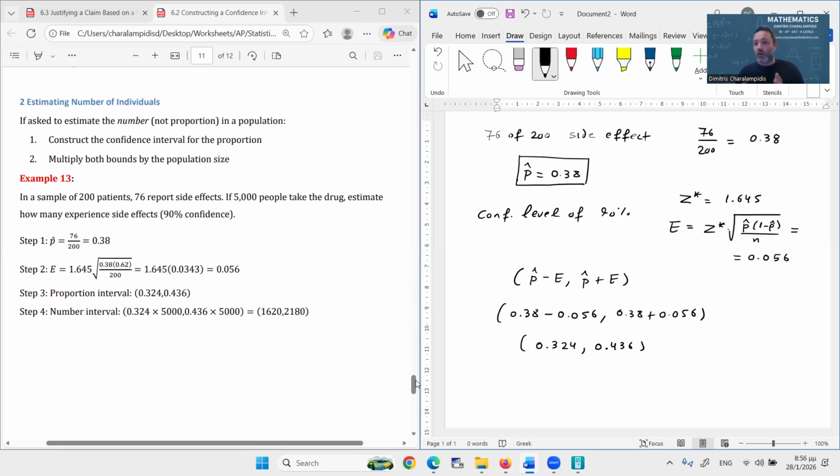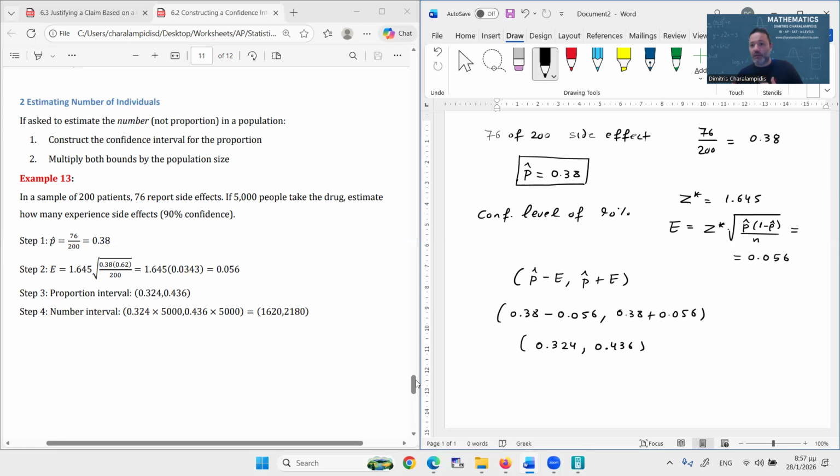We are 90% confident that if I am to repeat this process, meaning that if I am to get different samples of the same size, of size 200, each one of them will produce a confidence interval which in 90% of the cases will include the true population proportion.